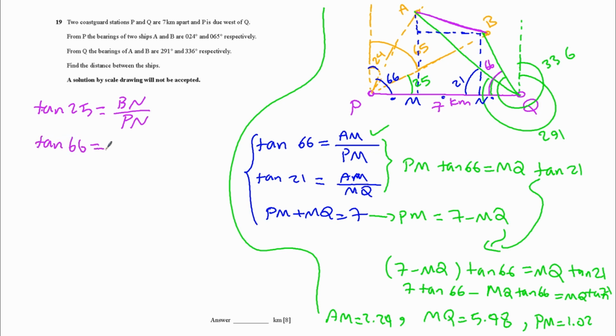And then, same as the other one, I can write PN plus NQ equals 7. So exactly the same as the other one, we're just looking at two other triangles. Again, I'm just going to repeat the same process we did on the other side. So from these two, I'm going to write BN tan 25 equals NQ tan 66.